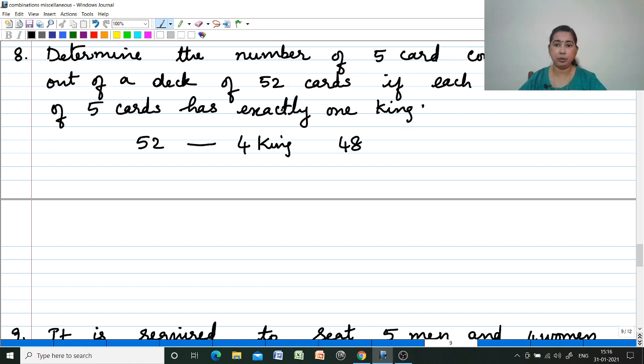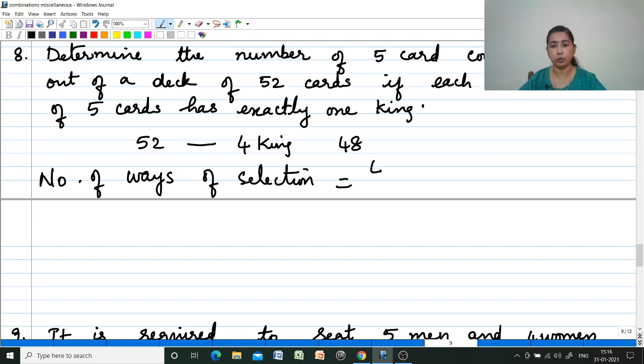So in each 5-card combination, there should be exactly 1 king. So number of ways of selection is equal to, from 4 kings we can select 1, into from the remaining 48 cards we can select 4, that is 4C1 into 48C4.